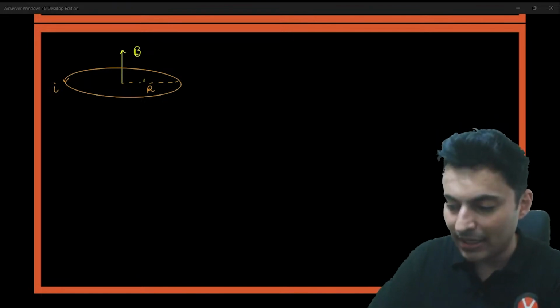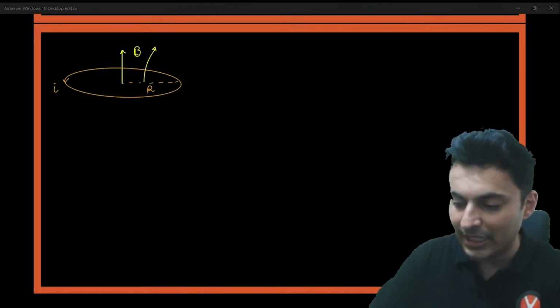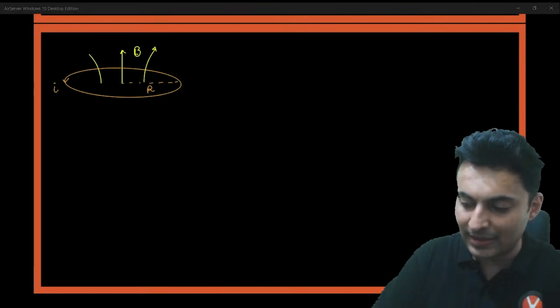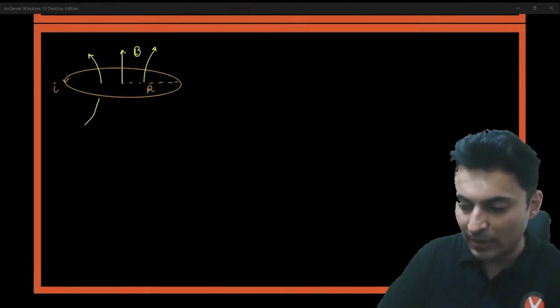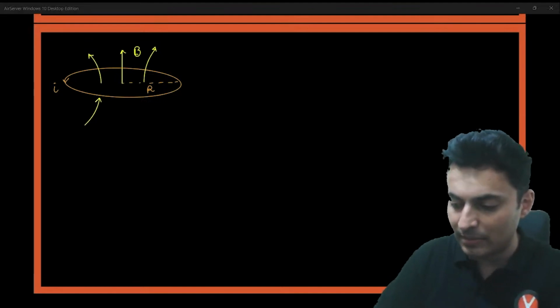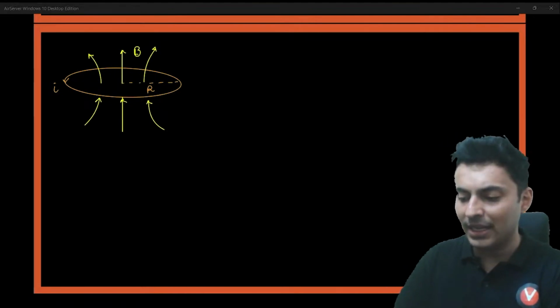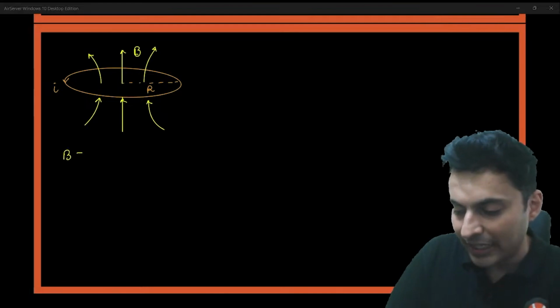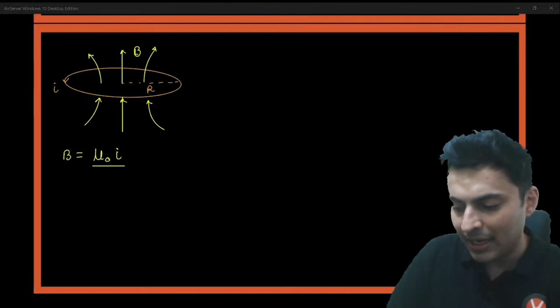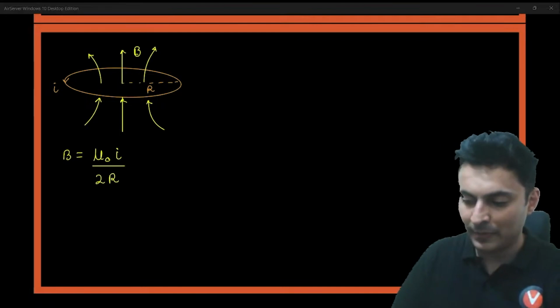The magnetic field lines look somewhat like this. First of all, you should be able to draw those magnetic field lines, because that is a very, very important diagram for all of you. This is how the magnetic field lines look like. And this magnetic field formula is given by mu naught I by 2r.